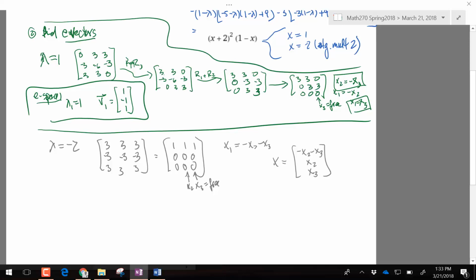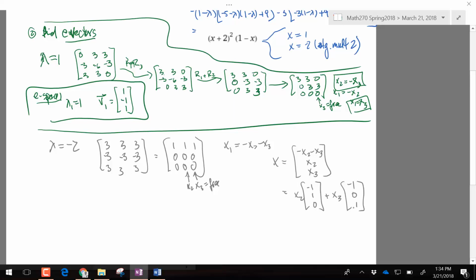I think this is how you would write it, right? So x3 is free, x2 is free, and x1 is equal to negative x2 minus x3. So if we break this up to 2 vectors, my x2 is going to get multiplied with a negative 1, a positive 1, and a 0. And my x3 is going to get multiplied by negative 1, 0, and positive 1.